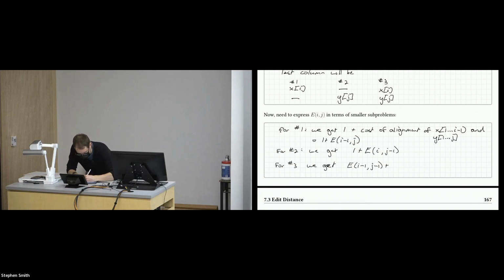I get plus 1 if xi doesn't match yj, and I get a 0 if xi does match yj. Let me call this whole function here diff(i,j).